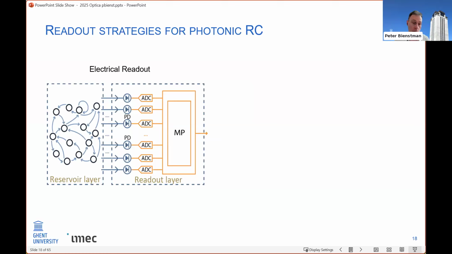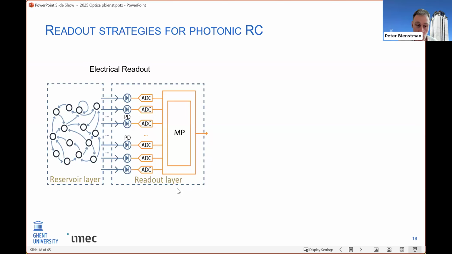Now, our initial experiments were very much proof of concept that didn't really scale to a real application, because what we did was a so-called electrical readout. So you have the chip that I showed earlier, and then what you would need to do is at each of these output ports have a high-speed photodiode, a high-speed ADC, and then do this weighted sum in the digital domain.